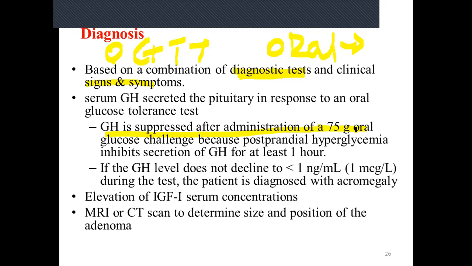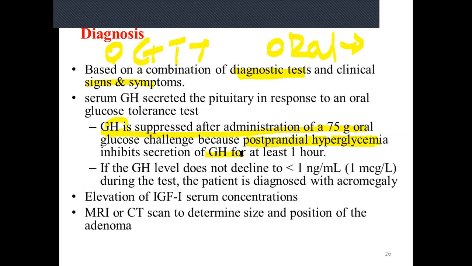But if a patient has acromegaly, despite giving glucose, the growth hormone will not be suppressed. So there is postprandial hyperglycemia. In short, postprandial hyperglycemia can inhibit growth hormone for at least an hour.